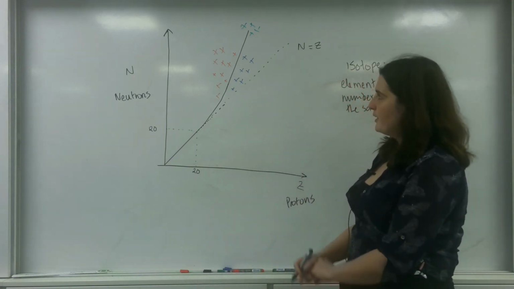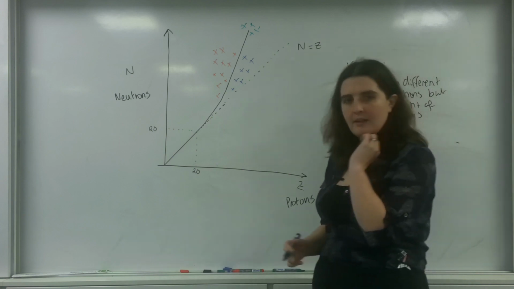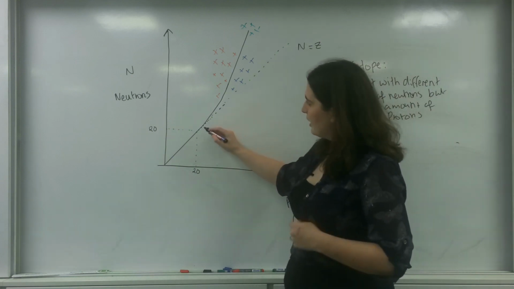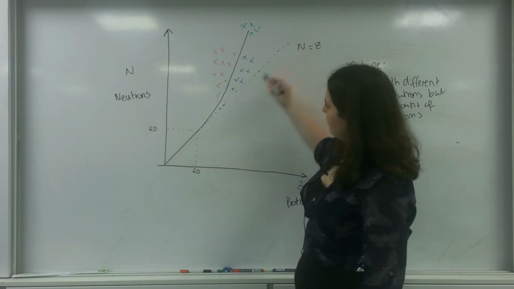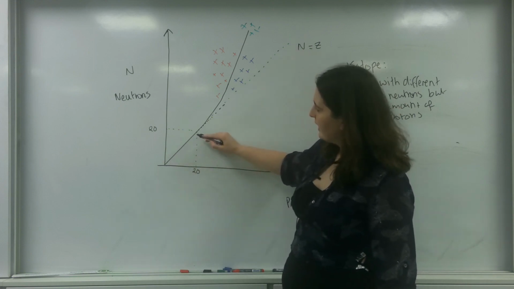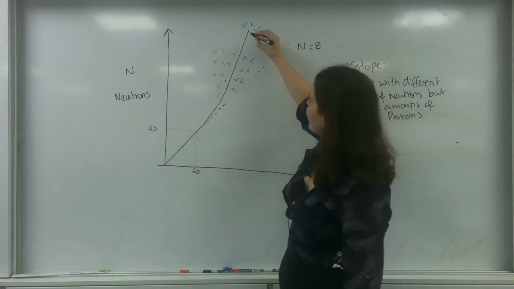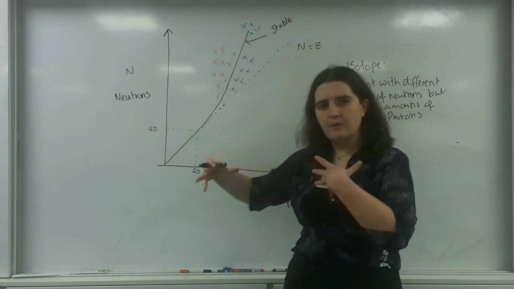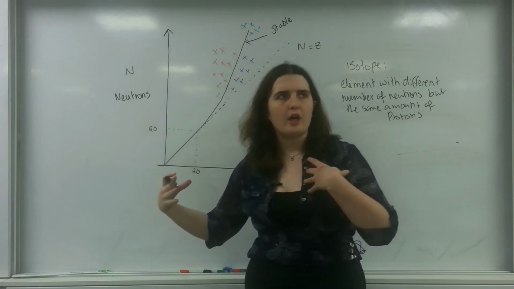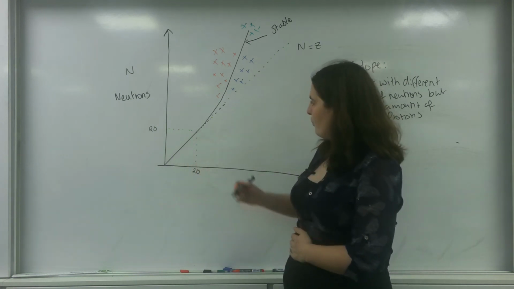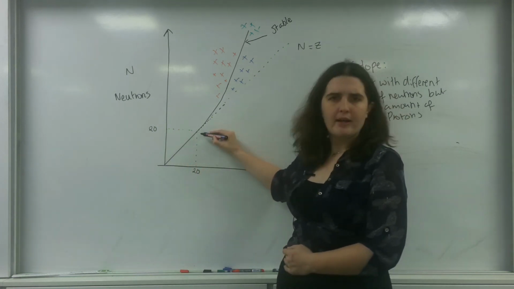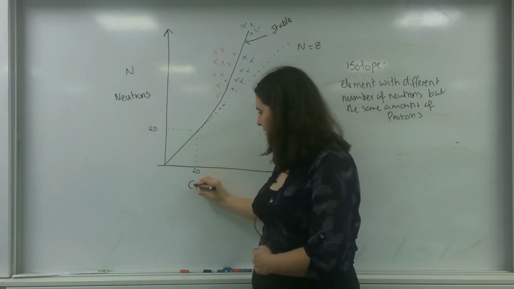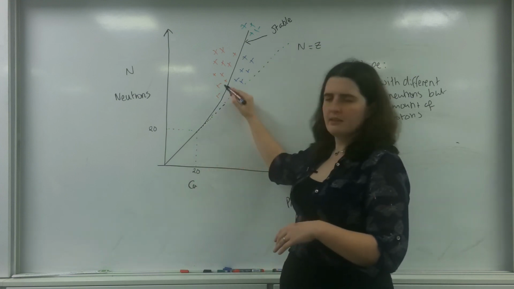So we've got the N equals Z line, and then this black line is the stable line. So these are the elements that you see on the periodic table. We notice that after approximately 20, which is calcium, that line starts to deviate.